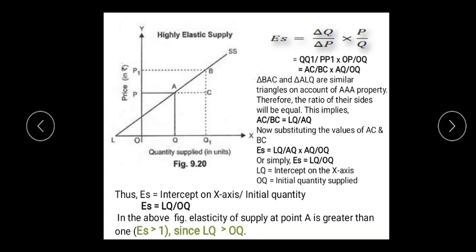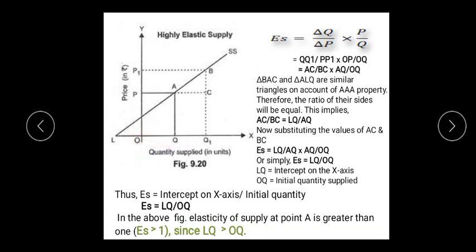Now from the figure, del Q is equal to QQ1, that is, change in quantity supplied is QQ1, and del P, that is, change in price, is equal to PP1. The initial price P is equal to OP, and the initial quantity Q is equal to OQ.